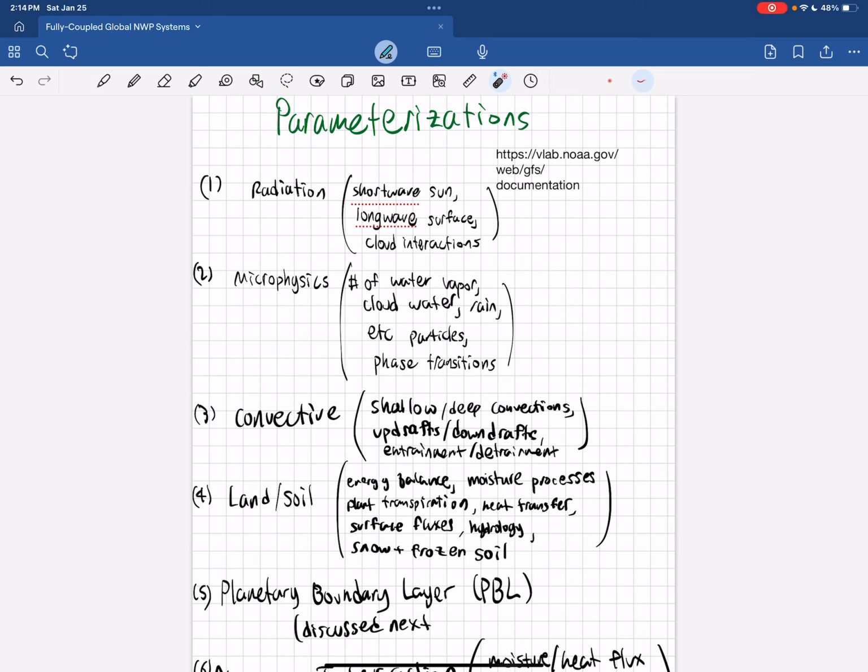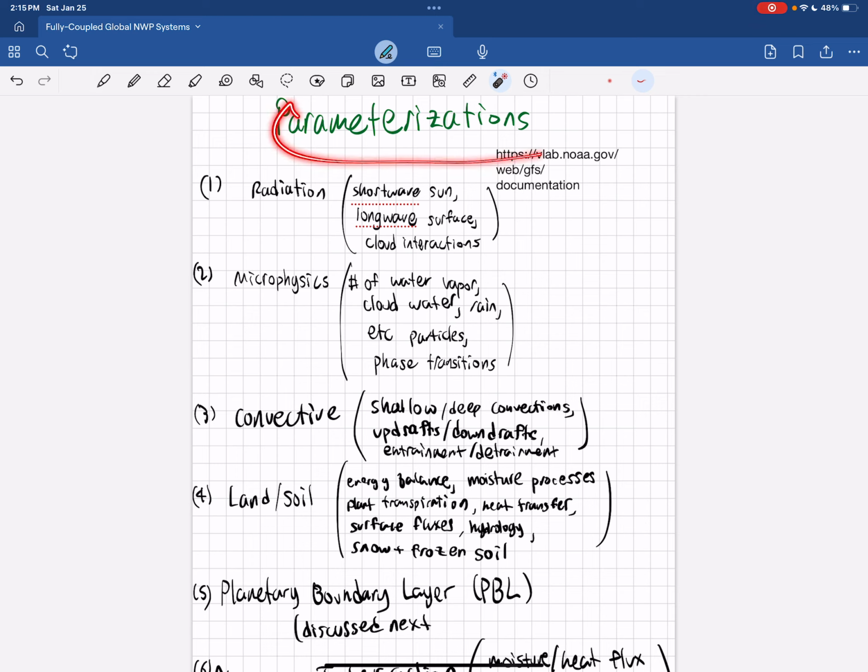Again, those phase transitions. Microphysics, as from the word micro, deals with very, very small things. I think micro, I forgot, is something like 10 to the negative 3, 10 to the negative 6. And this parameterization is basically trying to represent these.